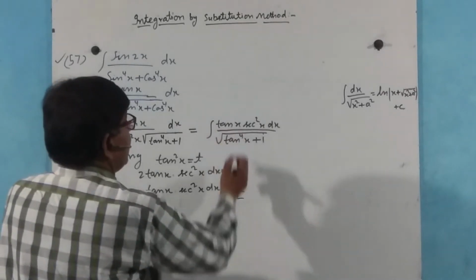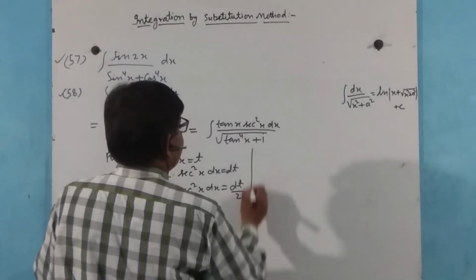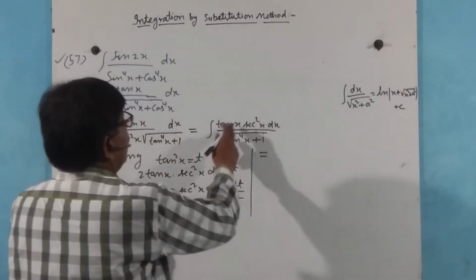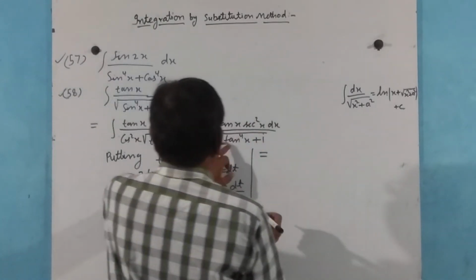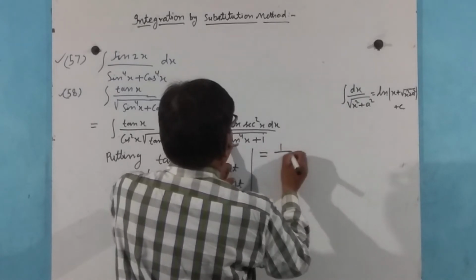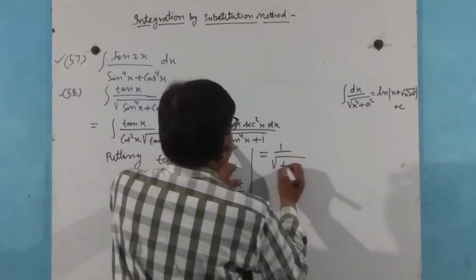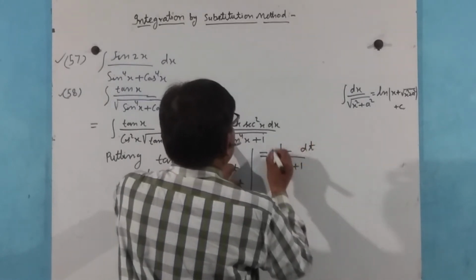Putting this in, tan x sec square x dx is dt by 2, and this is 1 by under root t square plus 1 dt.